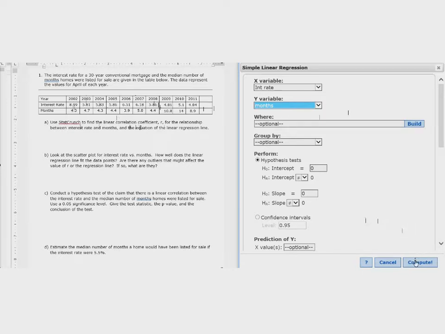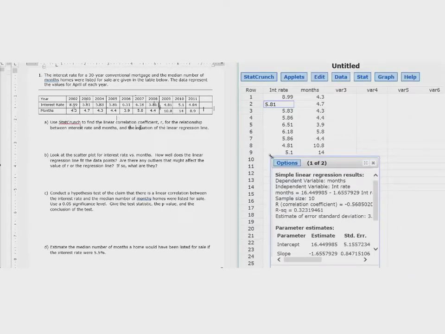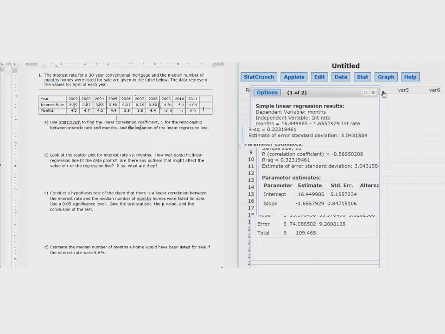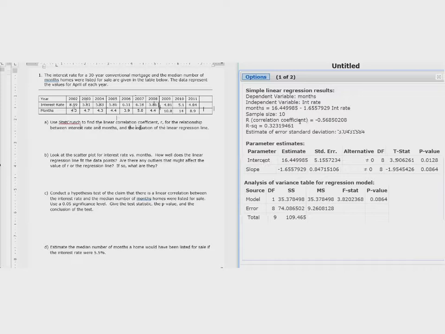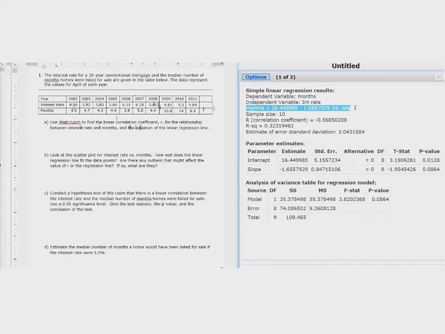Okay, and then all I have to do is go down to the bottom and click on Compute, and that automatically gives me a whole bunch of information. It's going to give me the linear regression equation right here.